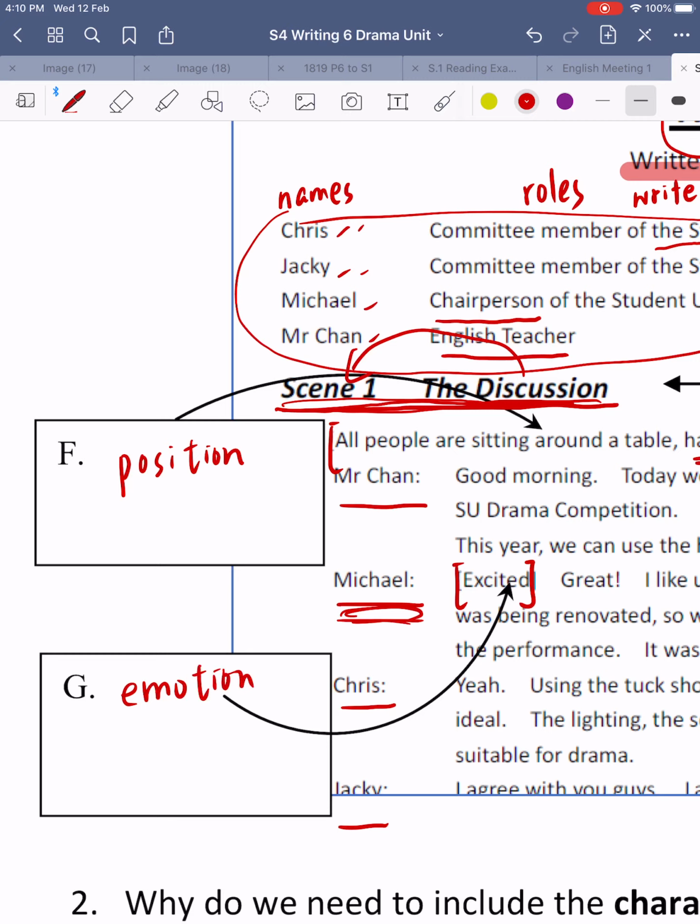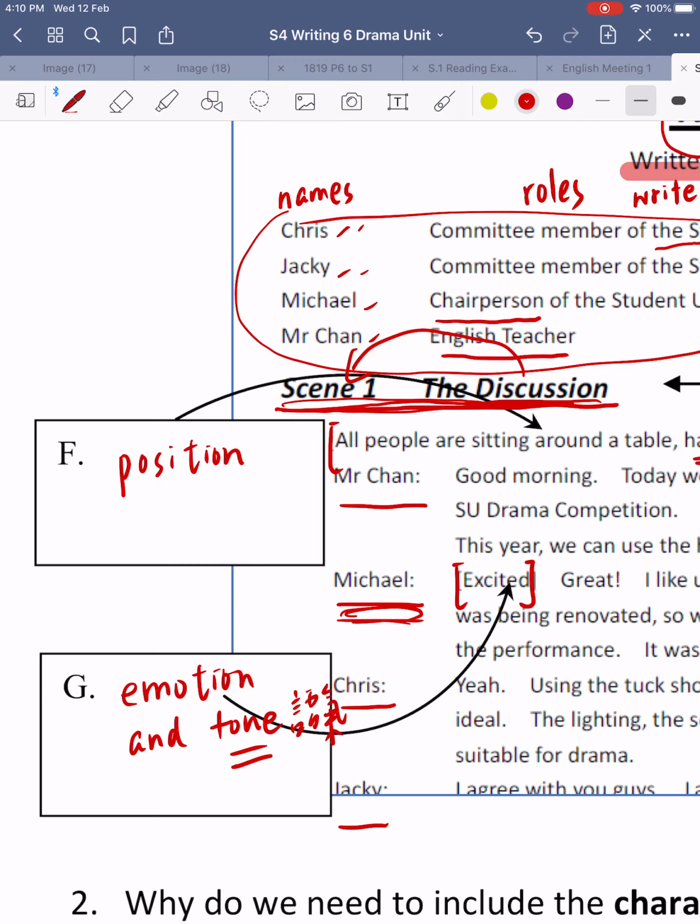But not just the emotion, because you also need to use your tone. Now, tone is very important because you have learned this word before, and this word is commonly seen in DSE's reading paper. And what is the meaning of tone? Okay, I write the Chinese meaning for you.